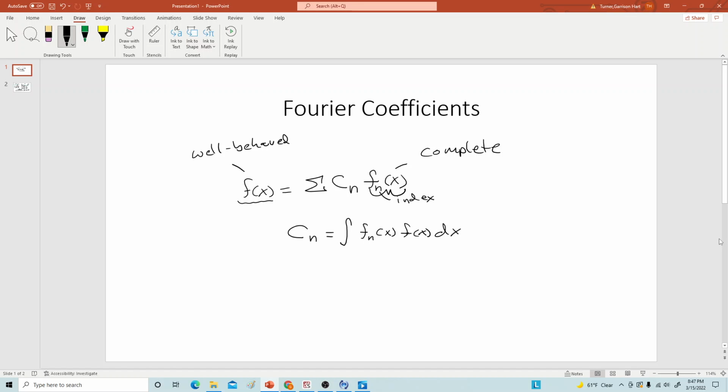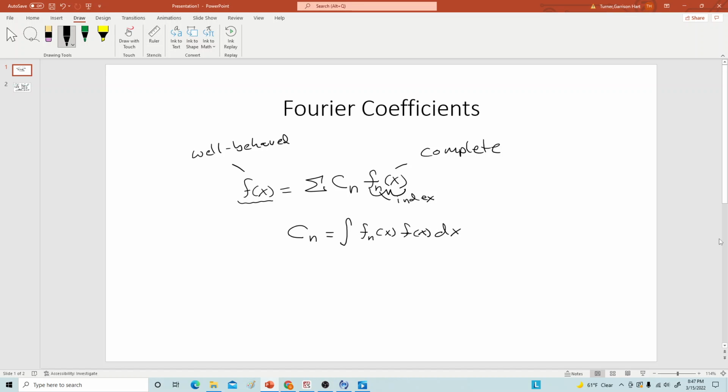For folks who might not have run into this type of function before, n is just an index, and so all of these f of n's are going to have a similar form, but they will differ in their argument somehow, okay? They're going to differ by that index, and we'll see actually what this means shortly. But the arguments are going to differ by that index.